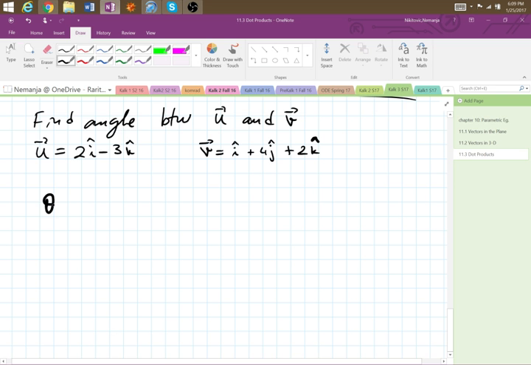So again, theta is equal to cosine inverse, and then we have the dot product. So 2, 0, negative 3, dotted with 1, 4, 2. We agreeing on that? i, j, k. So there's no j in vector u, therefore it's 0 for the middle component, the y spot.